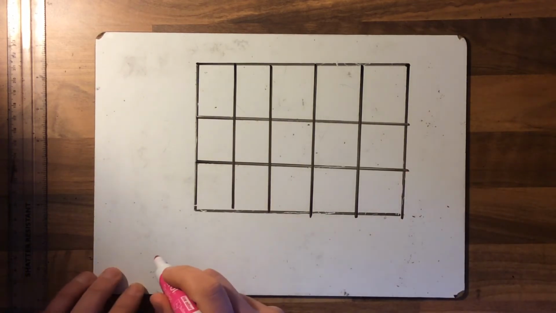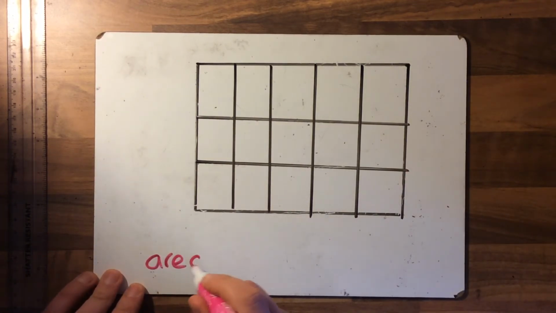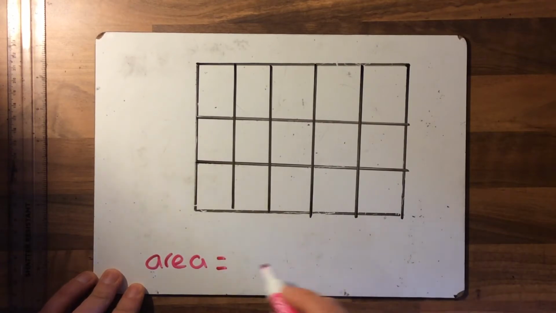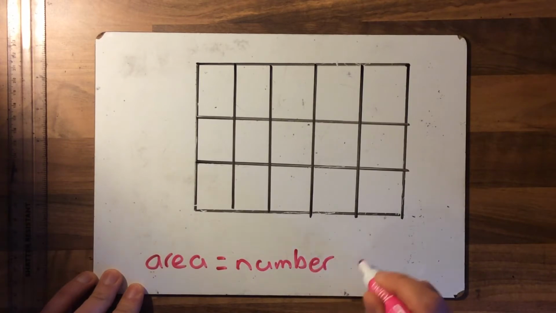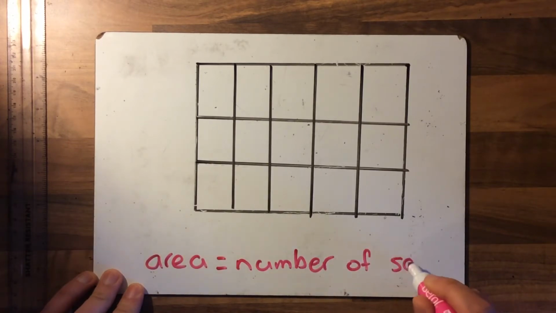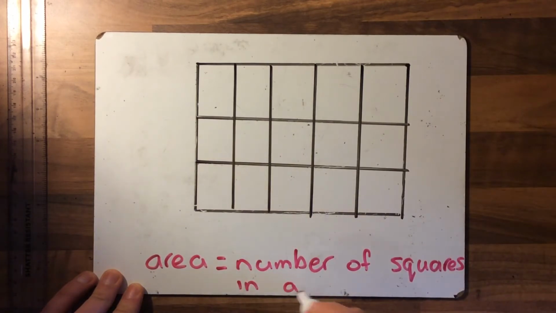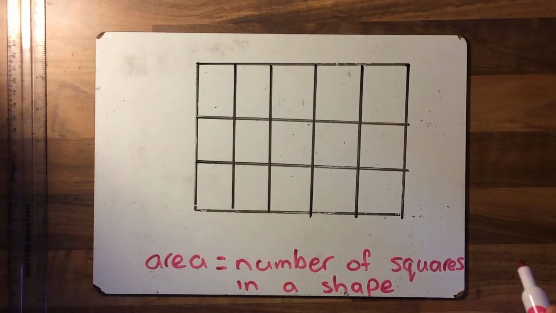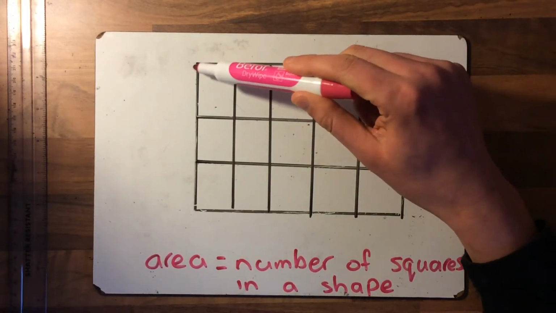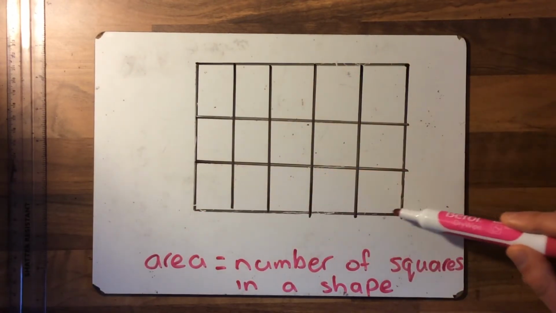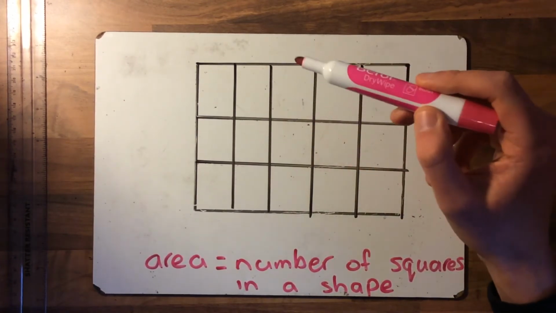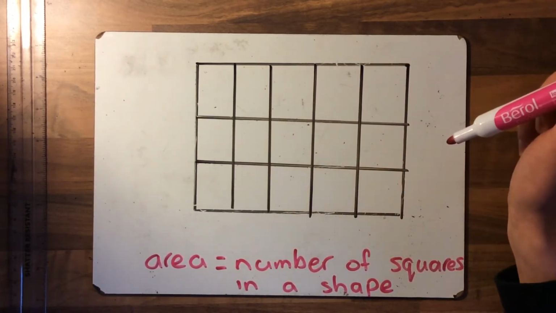An area is essentially the number of squares in a shape. So that is essentially what area is. Perimeter is the distance around the edge of a shape. Area is the number of squares in a shape.